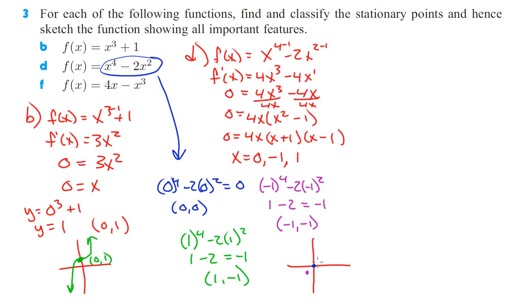I should put some tick marks on here to make this a little bit better. And then we also have this last one, the green one here, and that was at (1, -1). Okay.